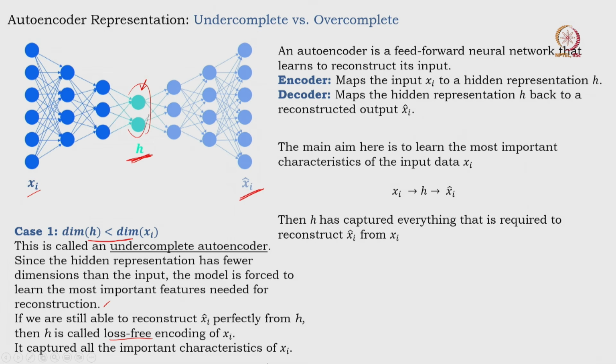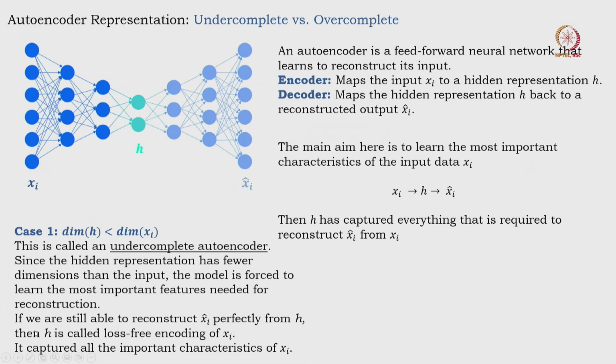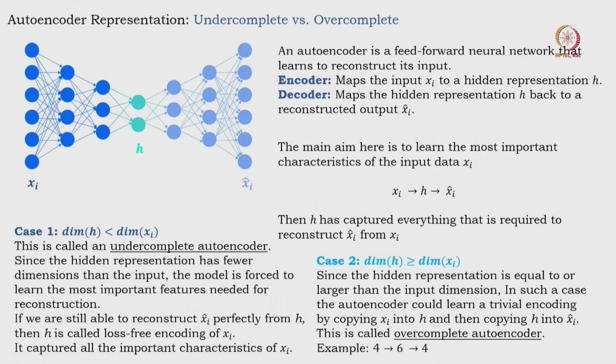What is the counterpart? It is where the dimension of H is larger than the input. You will have a neural network architecture something like this, where the dimension of H will be very much larger than the input. Now, in this there is one problem.